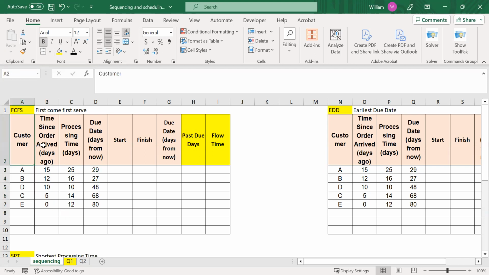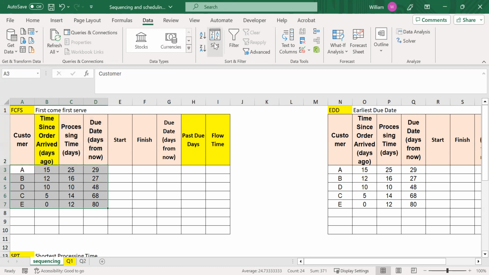So you typically want to figure out, for the strategy that you have, what column are you going to be sorting by? And in this case here, we're going to be sorting by the time since the order was received, okay? So my first step typically would be to highlight my whole entire data and do a sort, okay? So I will sort, let's get my sort function.